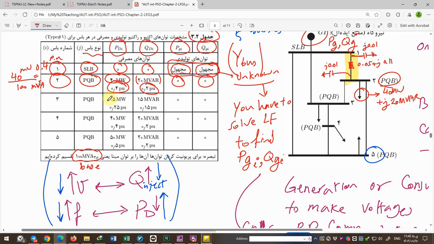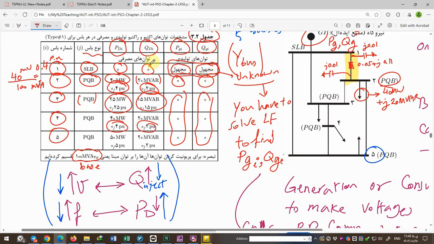The demand in buses 3, 4, and 5, which are PQ buses, can be determined as written here, and the per unit amount can be calculated easily. Absolutely, the generation part is also 0 because the other buses are PQ buses without any generation.